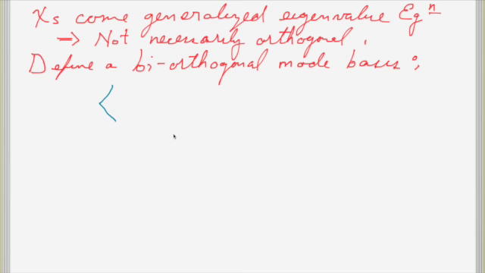But you define the bi-orthogonal set, these z's, and they're defined such that this is true. So if for z_m and chi_m, you take the inner product and you get 1. If m prime is not equal to m, you get 0.